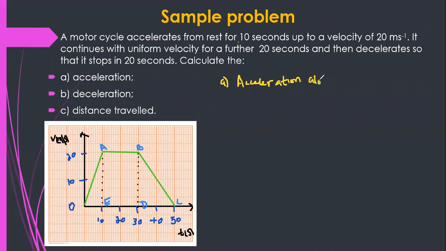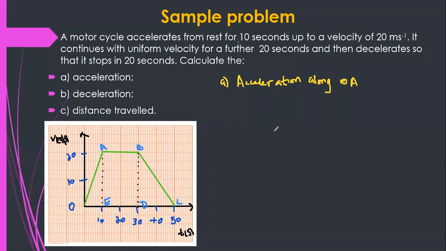Let me write it separately. OA. Okay. So acceleration along OA is given as velocity change divided by the time taken.